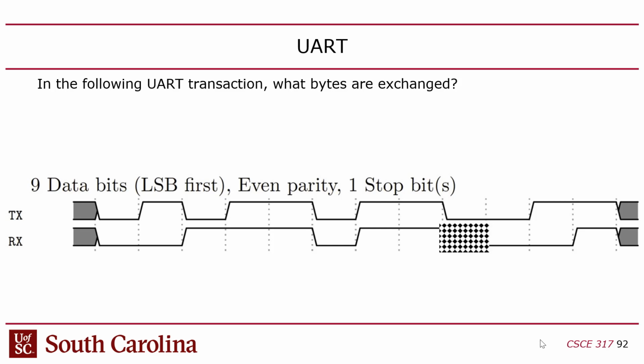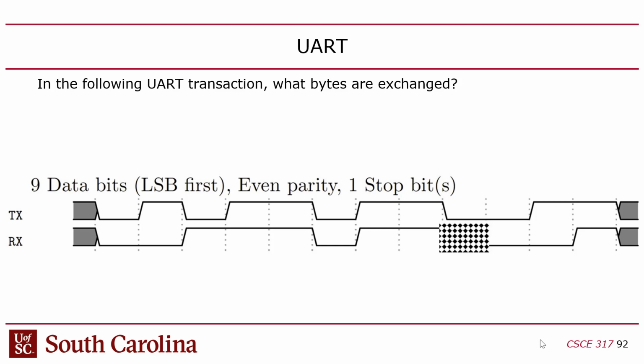So there's 9 total data bits, and it's even parity. So let's count the number of 1 bits, starting from bit 2, which is the first data bit. You don't include the start when you do a parity calculation, and you don't include the stop either. Just the data and parity.